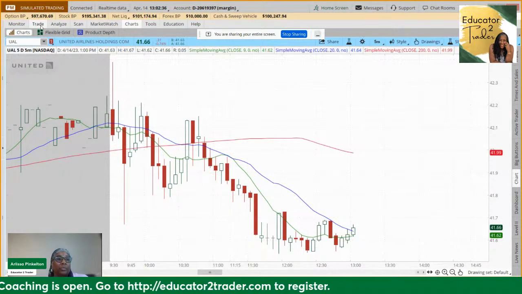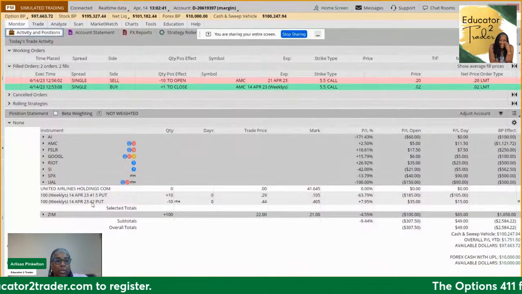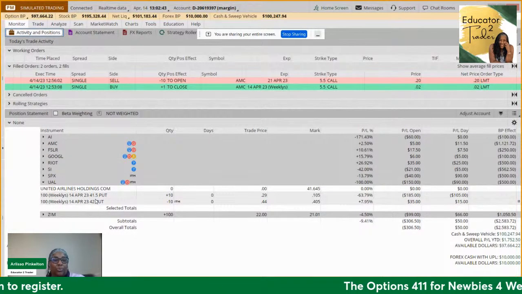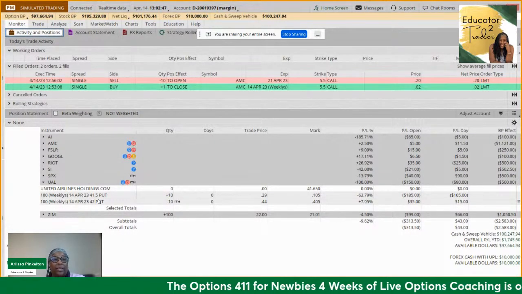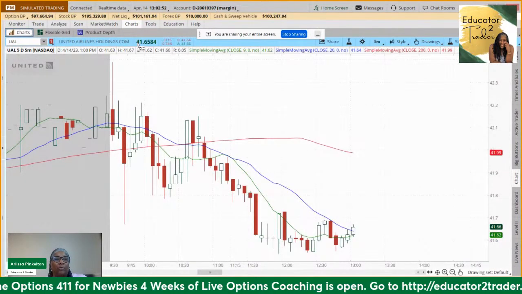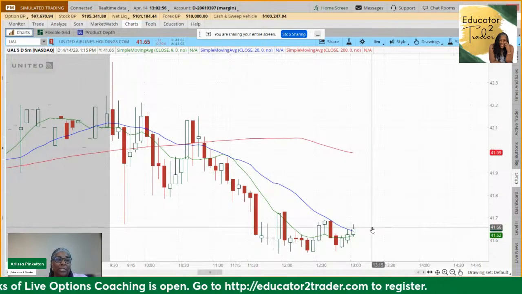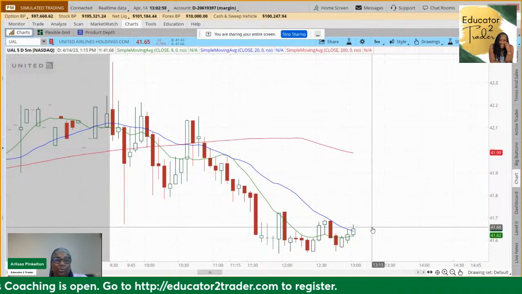Our trade is 41.5/42 because this is a 42 put credit spread. If it can get on up above 42, we're at 41.65, so we're not far away. We're going to let it go and see how the trade plays out at this point. No need to close it prematurely. Remember, patience pays.